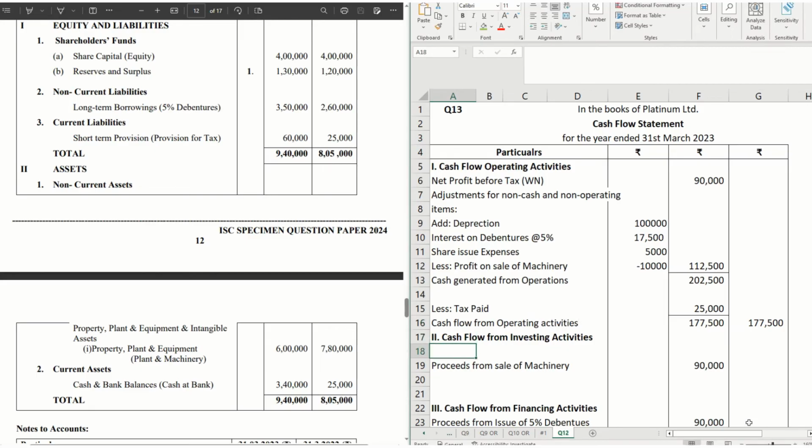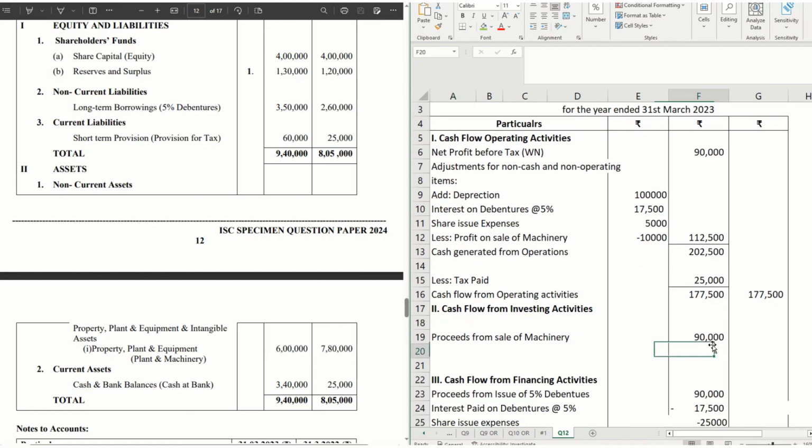Okay. Under investing, we do not have anything else. So this becomes our calculation, 90,000. The same thing we write here, and we write here cash flow from investing activities.